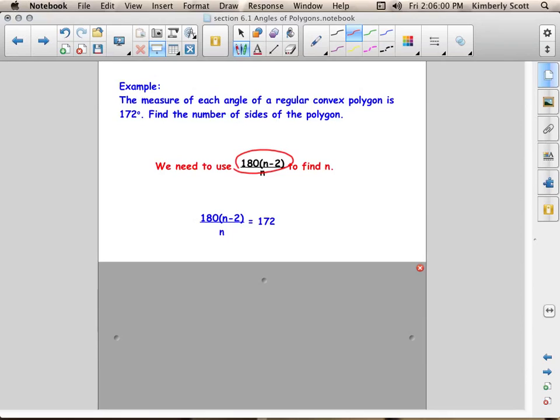So to find the number of degrees in a polygon with, say, 6 sides, we do 180 times 6 minus 2. Now what we're trying to do is find out, if this was a hexagon, 6 minus 2, what's the number of degrees of each? We divide that by 6. So here we don't know how many sides we have, but we do know that each one of these is going to equal 172. So we can solve for this.